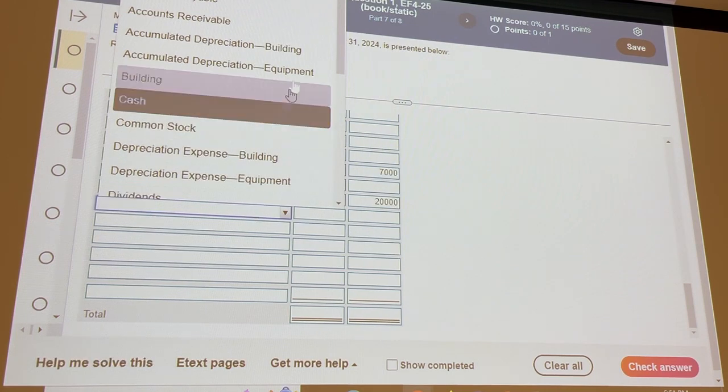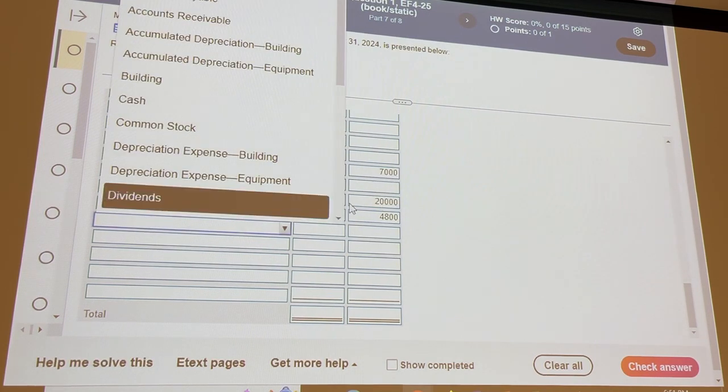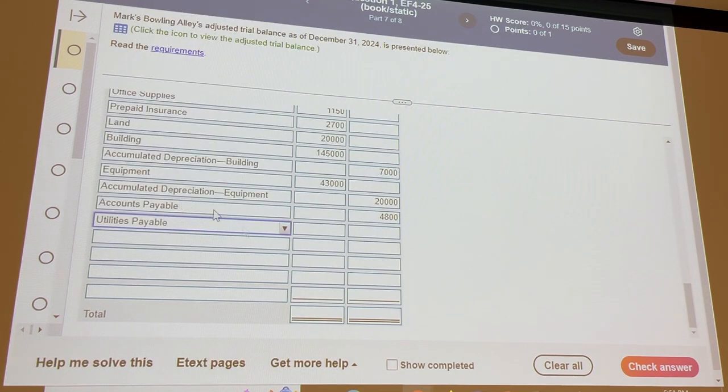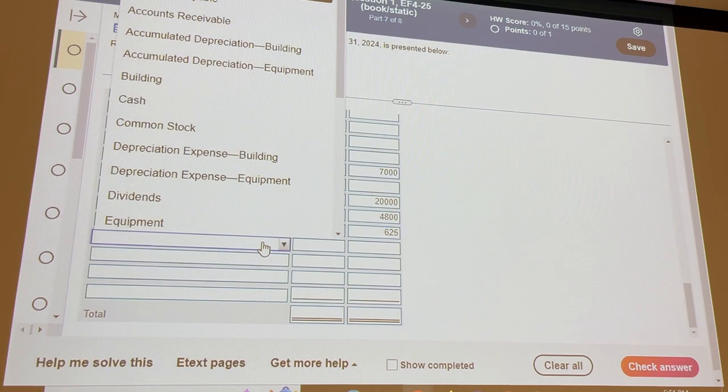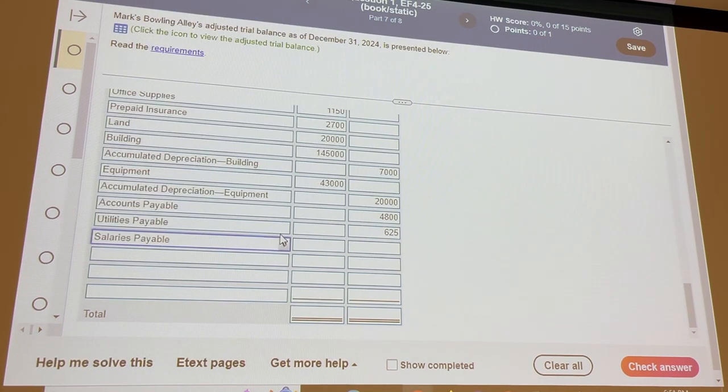Accounts payable, credit of $4,800. Utilities payable, credit is $625. Salaries payable, credit at $3,800.